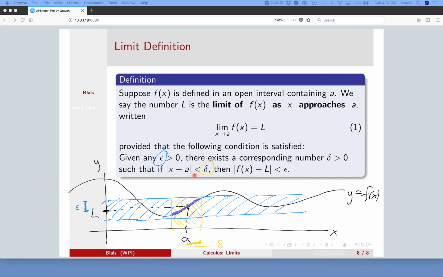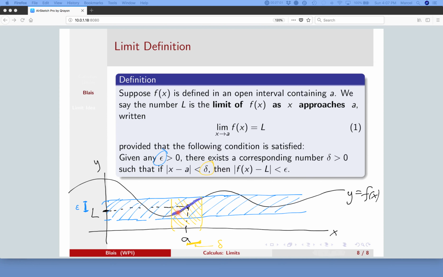That's what this is saying. If the absolute value of x minus a is less than delta, that's the same thing as saying that x is inside this interval. Think of it as the distance between x and a. That has to be smaller than delta, so it's going to be somewhere in here. Then f of x minus L, think of that as the distance between the function and the y value of L. That distance is always smaller than epsilon.